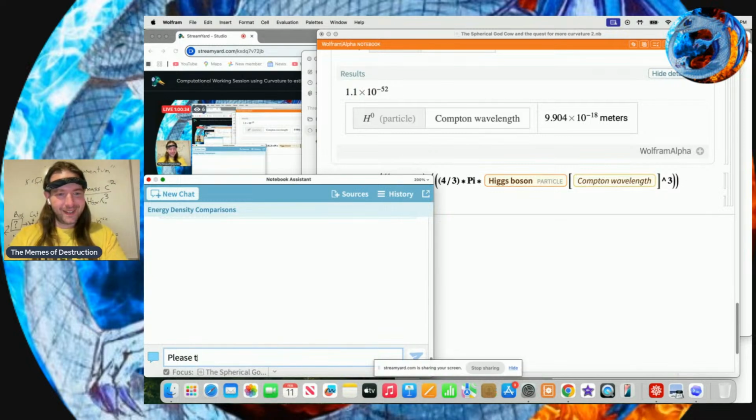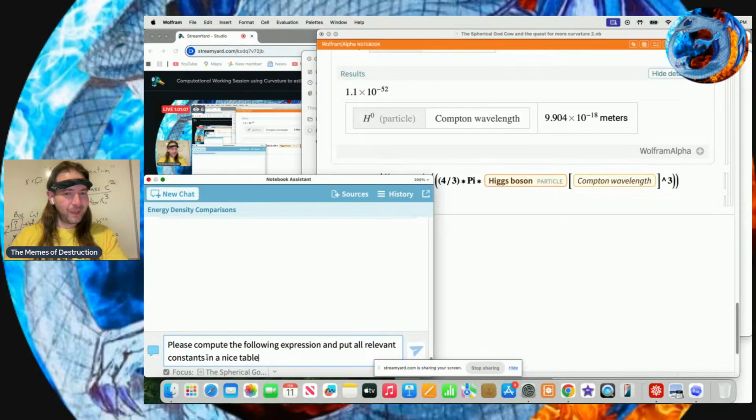Please compute the following expression and put all relevant constants in a nice table.